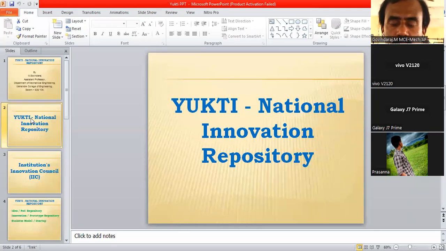What happens? These ideas are scrutinized by an expert team. The team members look at the idea, look at its novelty, and move it on to the next level. For example, if the idea is novel and has to be developed as a prototype, then after validation of that prototype, if the product has a very good response in the market, it has very good marketability.